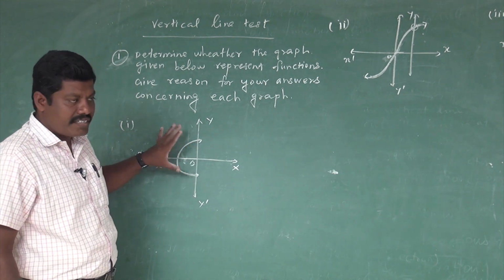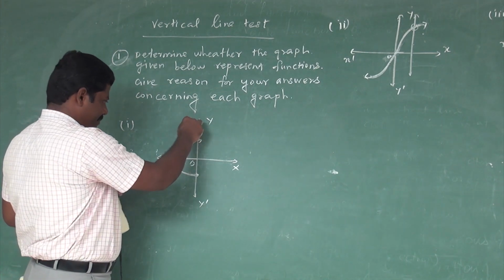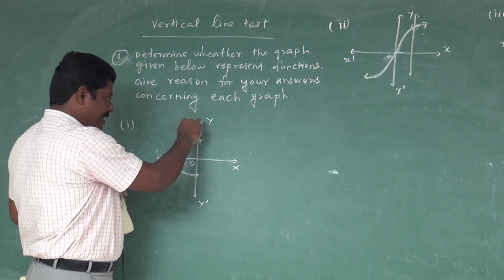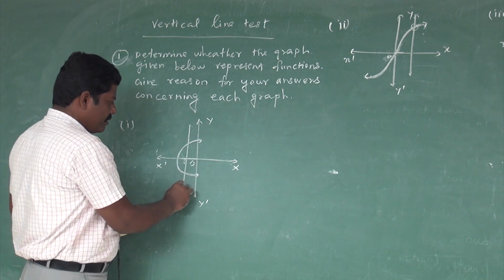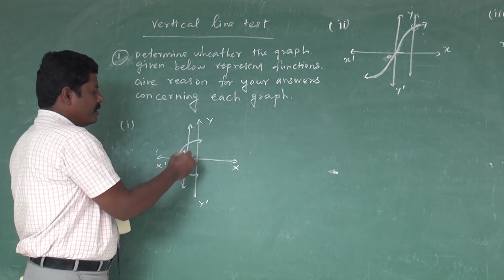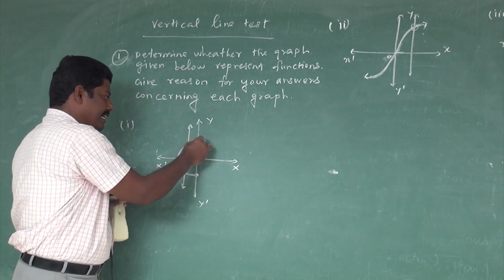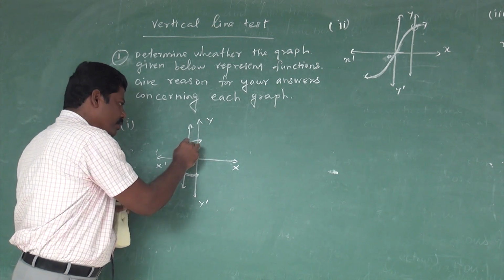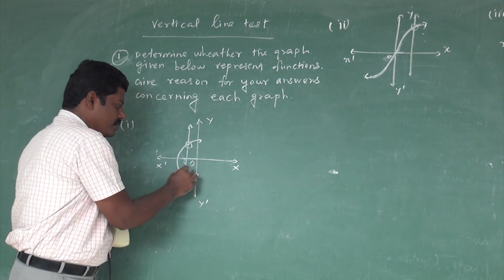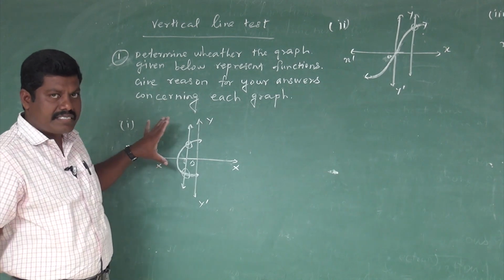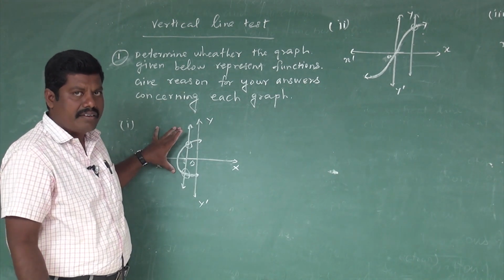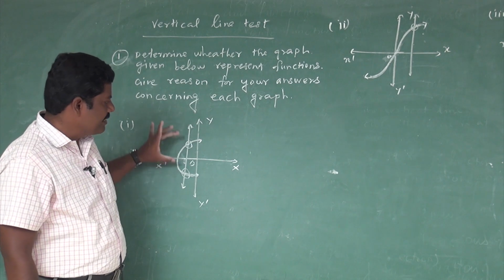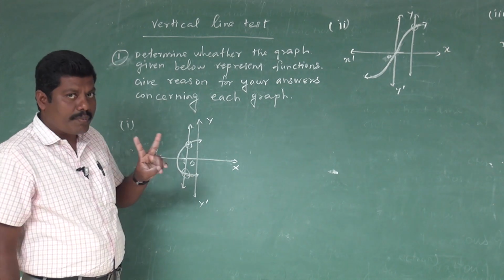When a curve is given, you draw one vertical line anywhere on the curve. This vertical line intersects the curve in 2 places. Therefore this graph does not represent a function because the vertical line intersects the curve at 2 points.